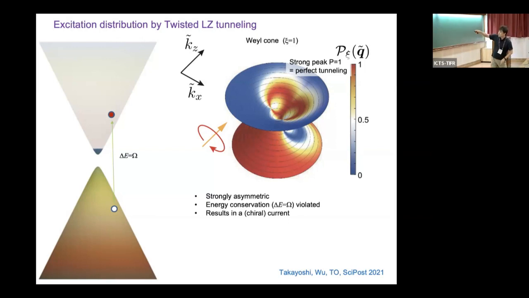You see that there will be more excitation in the plus Z compared to the minus Z. This means that there will be a current in the direction of the laser field. This is exactly similar to the photocurrent in a Weyl semimetal, but due to a tunneling mechanism. So it's not one photon absorption, but a tunneling mechanism. But the consequence is that we get a current.